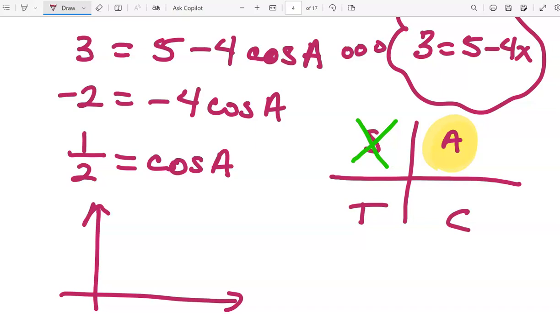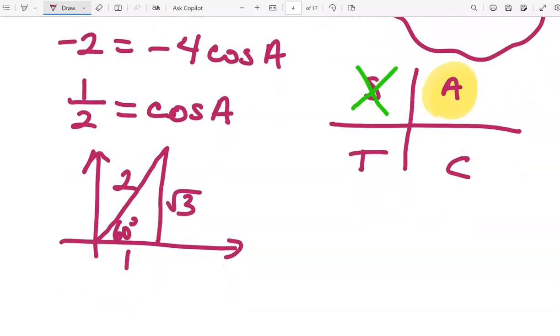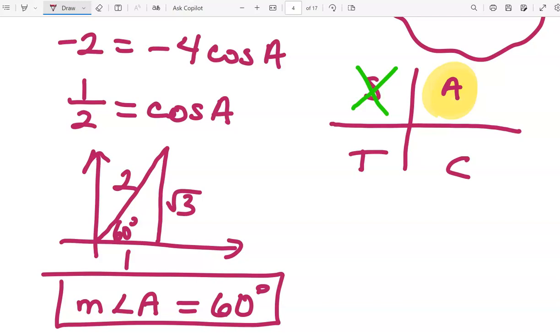and we want to draw an angle that has a cosine of 1/2. That is adjacent over hypotenuse, and that means our opposite side is the square root of 3. That's a 60-degree angle. So that means that the measure of angle A is 60 degrees. There's only one solution to this equation. No ambiguity about the law of cosines.